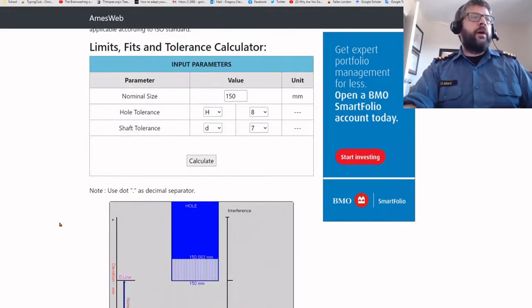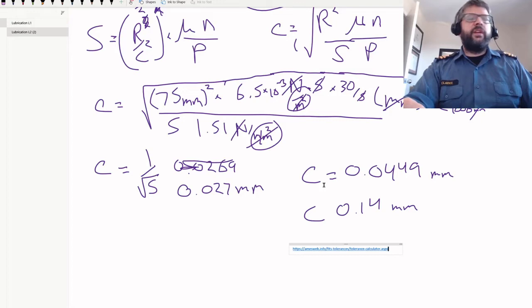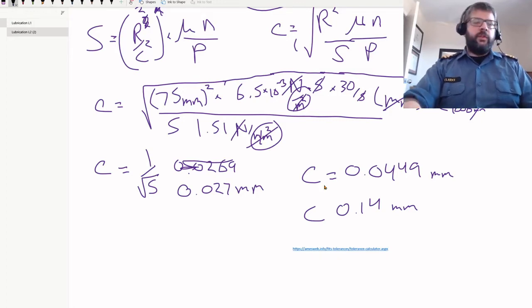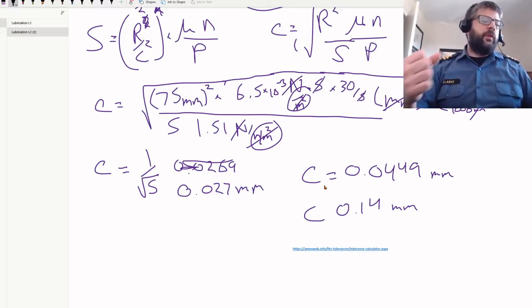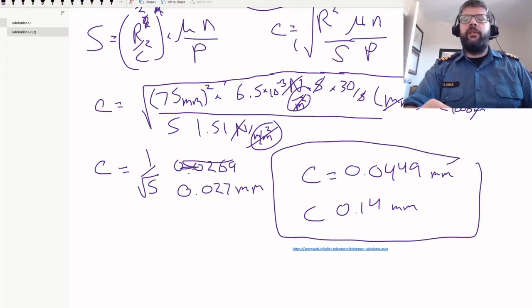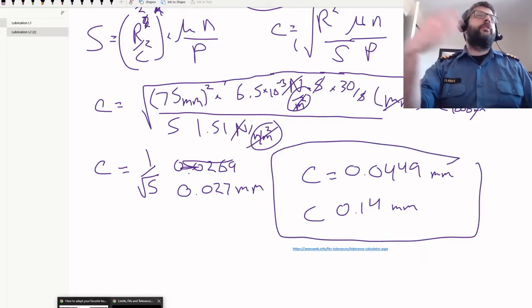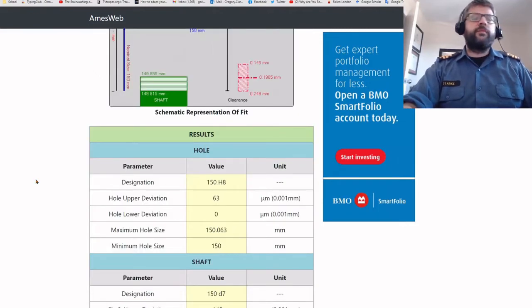Now, keeping in mind that the calculations we did here were calculating a radial clearance, I've got to multiply that by 2 in order to get the diametrical clearances, which is what your fits deals with.